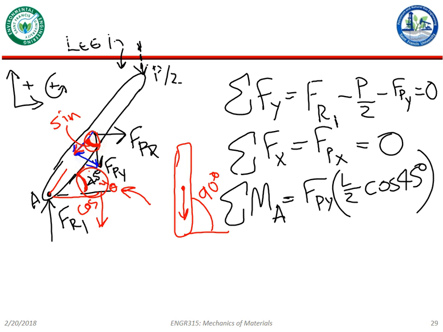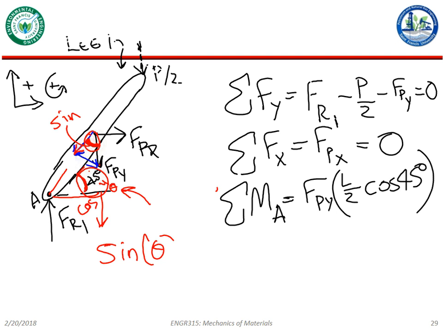And if you look at the definition of sine, or the relationship between sine and cosine, sine is cosine minus pi over 2.